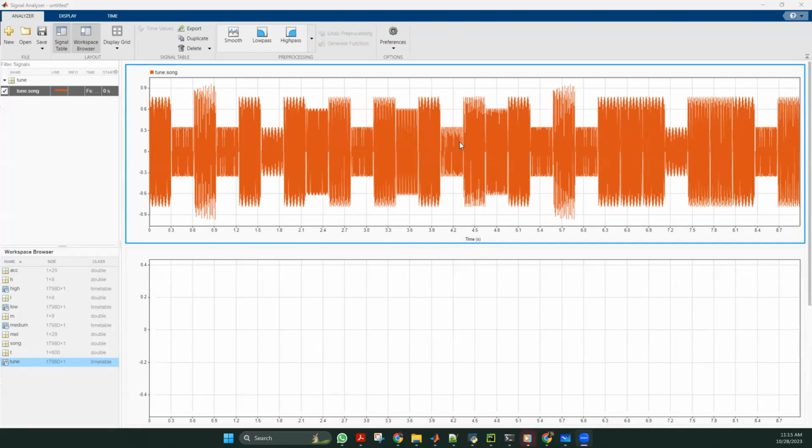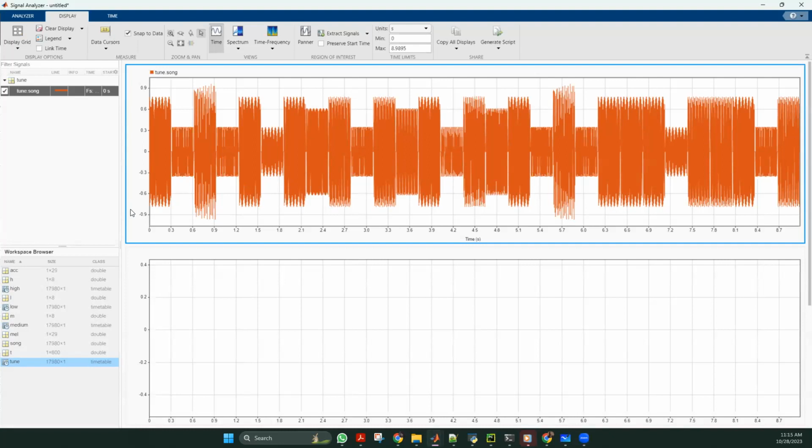What I want to do is see the effects if I try to filter this signal under different frequency bands, right? And I can do any kind of analysis.